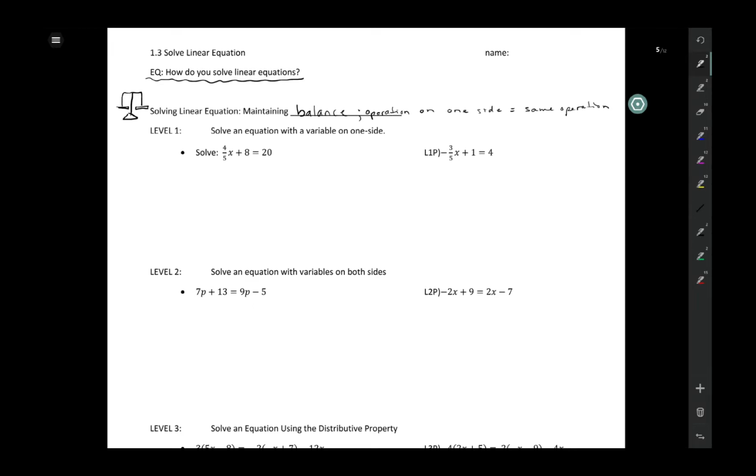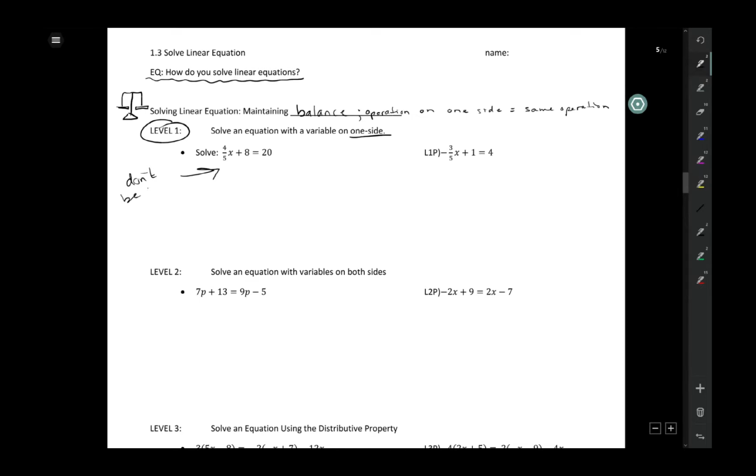So, solve an equation with a variable on one side, level 1. Easy peasy stuff. Well, 4/5 x plus 8. Wow, hitting you guys with a fraction already, but don't let fractions scare you.